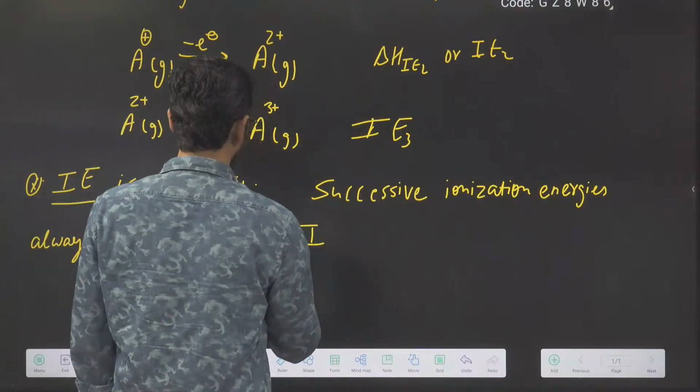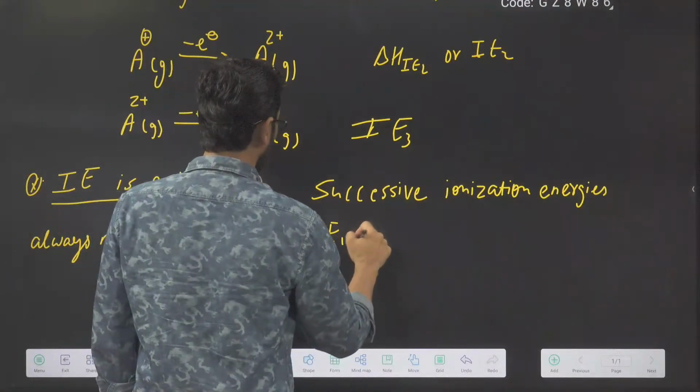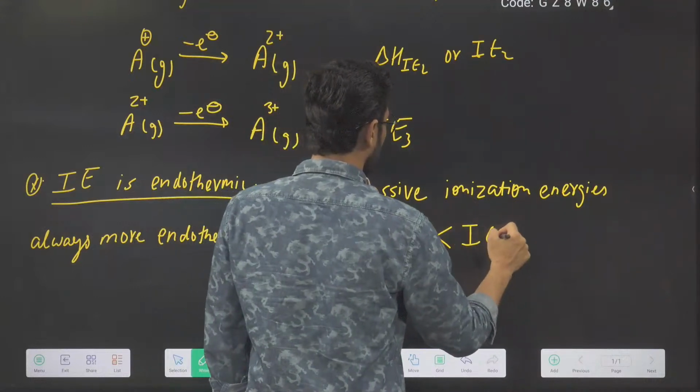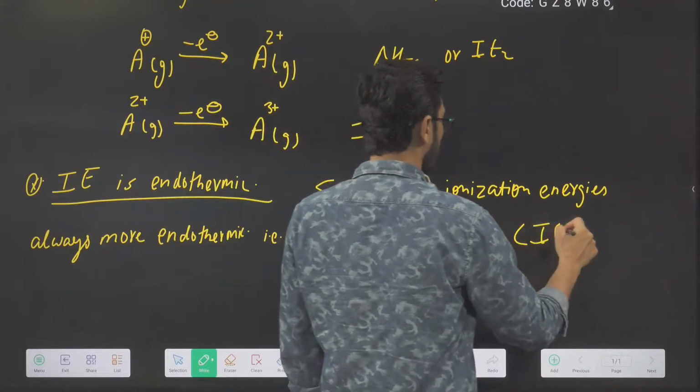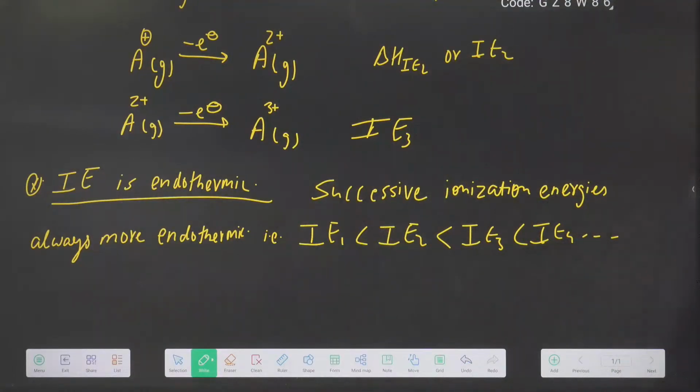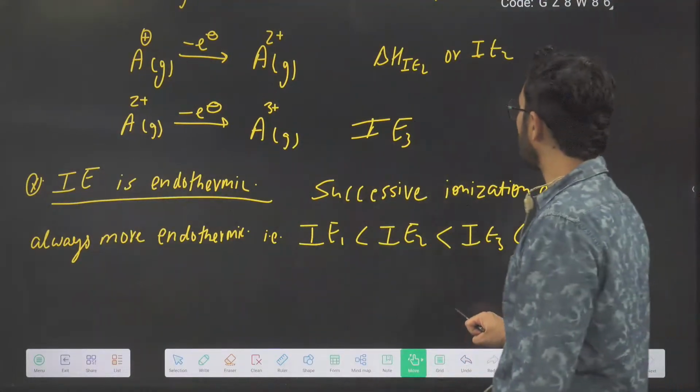That is, IE1 always less than IE2, always less than IE3, always less than IE4, and so on.